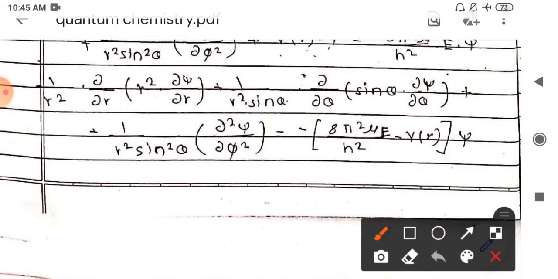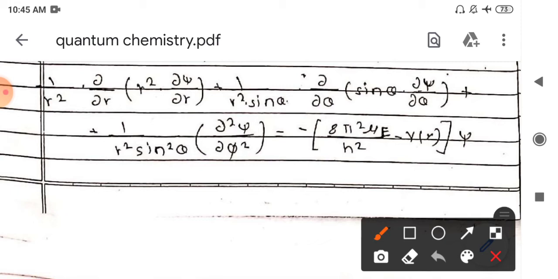Here it is just a simple multiplication by psi, and once we have done that, we have the overall equation as 1 upon r square ∂/∂r into r square ∂psi/∂r, plus 1 upon r square sine theta ∂/∂theta of sine theta into ∂psi/∂theta, plus 1 upon r square sine square theta, here it should be plus, plus ∂2psi/∂phi square, equals minus 8 pi square mu into (E upon h square minus V) into psi.